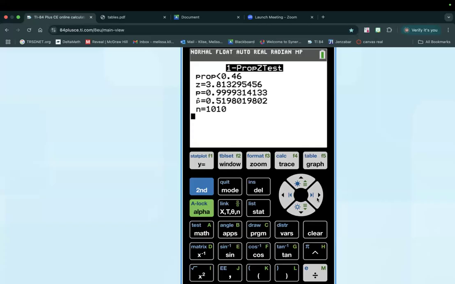See how my z-score is 3.8? If my z-score is 3.8 and I have a p-value of almost 1, I chose the wrong tail. If I had a z-score of 0.6, I would expect a large p-value, because that z-score is not so far away from the mean. But in general, if you end up with a really big number here, you probably chose the wrong one.